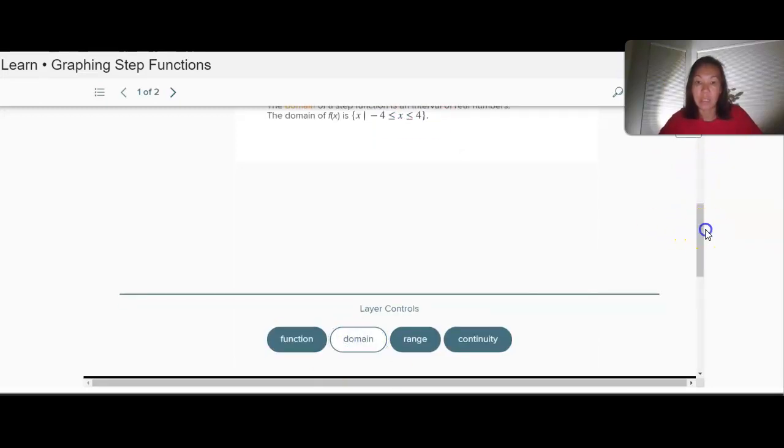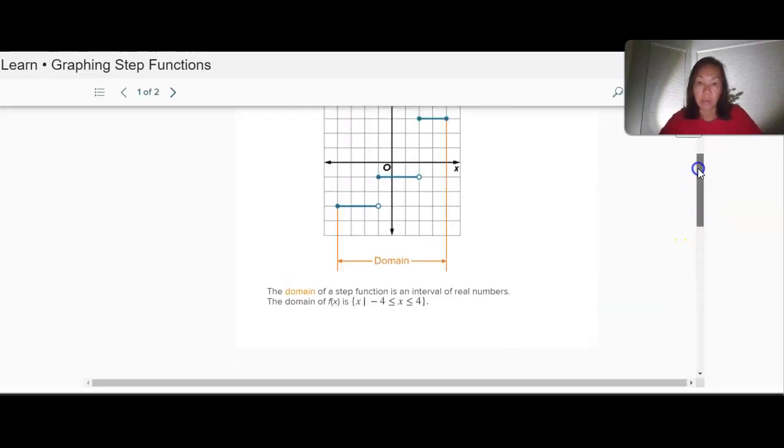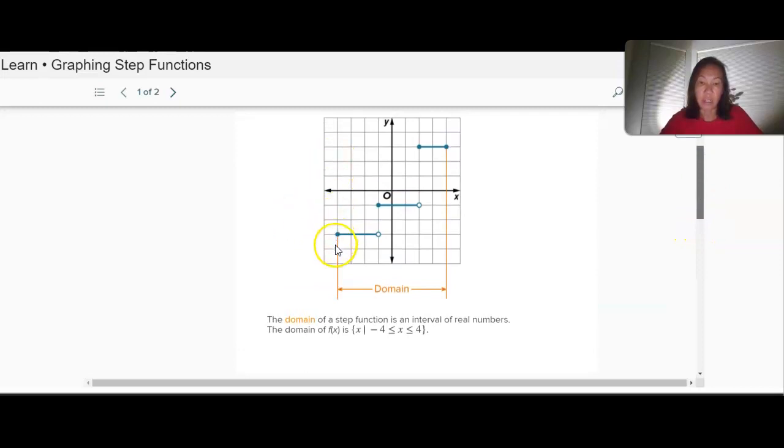Now the domain of this function, if you look from left to right, the graph starts at -4 and ends at 4. So the domain is all real numbers x, such that x is between -4 and 4, including both of those because we have a closed circle on both ends.